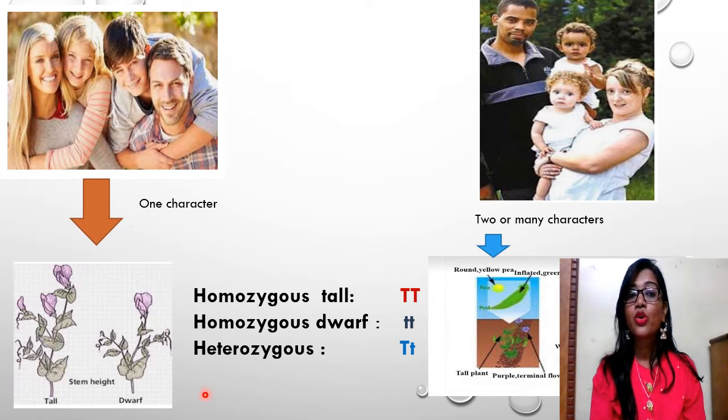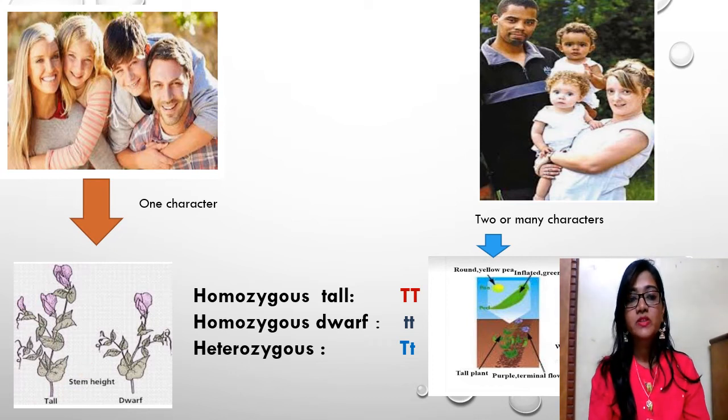And when you talk about the law of segregation, if this is a pure tall plant with capital T as its genotype, and this is a pure dwarf plant with small t type of genotype, we are crossing, that is, breeding, these two pure plants.